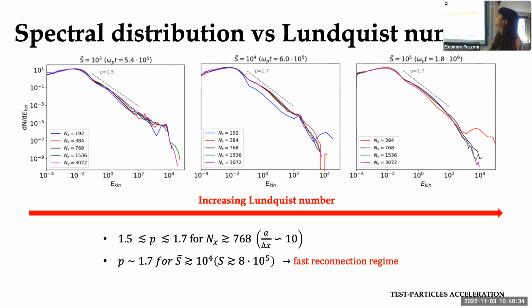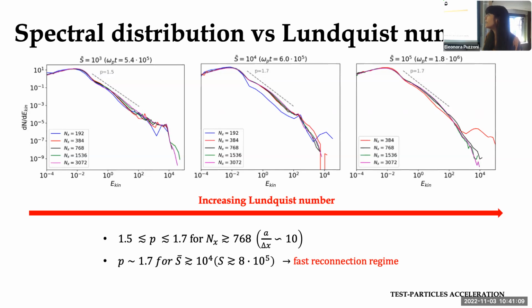Okay, we didn't reach the 10^6 case because this would require higher computational cost, and we didn't have those computational facilities in Italy. But we think the power index should be the same because there is also the theory about the fast reconnection regime that says that the growth of the perturbation remains independent from the Lundquist number.